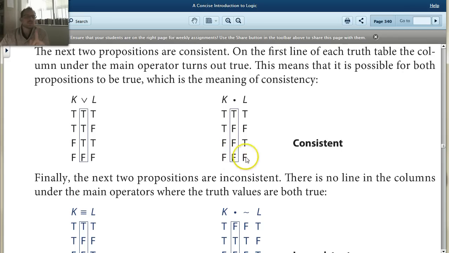Something that's very important here is do not think that simply because the last line here is false and false that they're consistent, right? It has to be consistent in terms of truth, not in terms of falsity. So you need truth here. Just because you have a line where they're false doesn't mean anything, right? What you need here is one line that's true, okay?